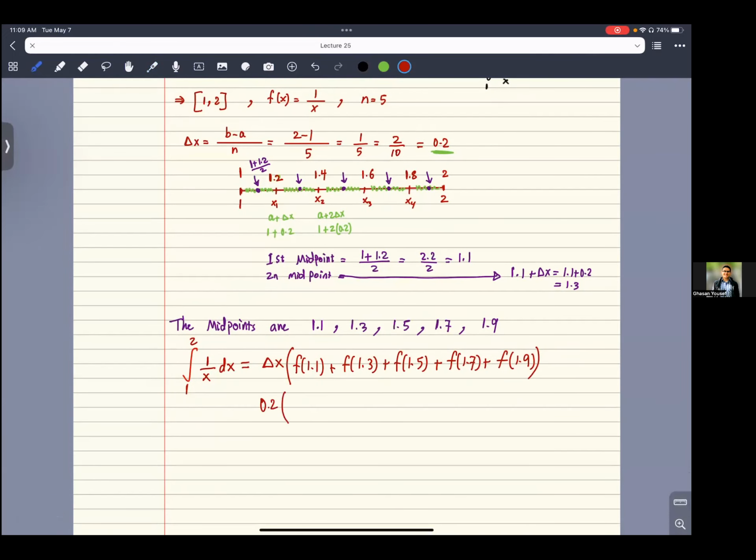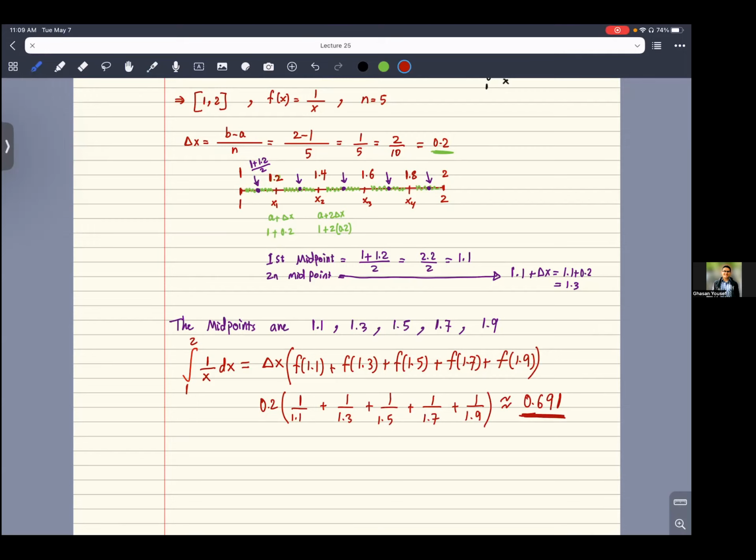F of 1.1 is 1 over 1.1 plus 1 over 1.3 plus 1 over 1.5 plus 1 over 1.7 plus 1 over 1.9. Using the calculator, you're going to get 0.691. And this is the total answer of this limit.